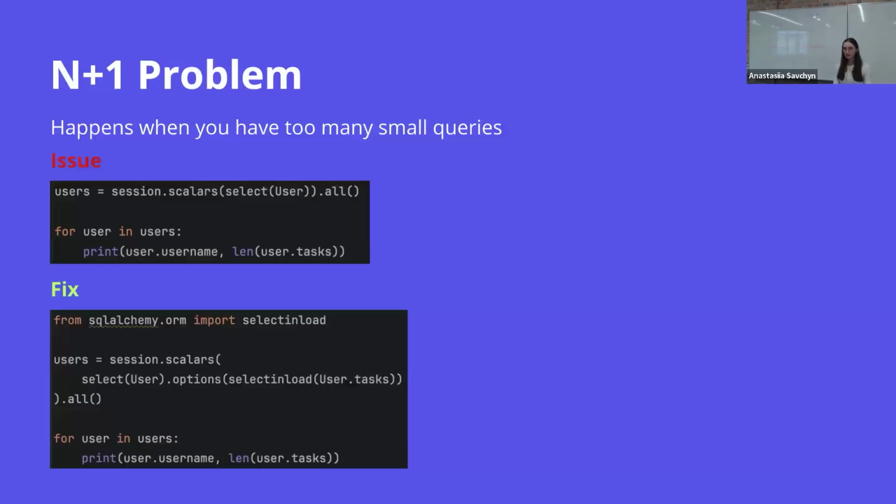We can use selectinload, and that will also make a subquery, but it will be just one subquery. So we are fetching all the users and prefetching their tasks, and in that loop we will not run any extra queries. Everything is done already, and it cost us 2 queries instead of 6. If we have 5 users, we load users, that's 1 query, and then tasks 5 times, once for each user.